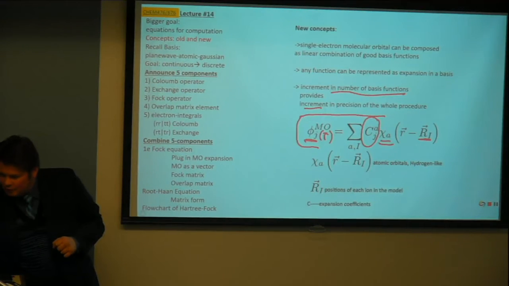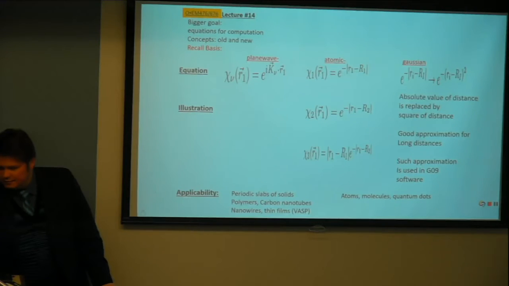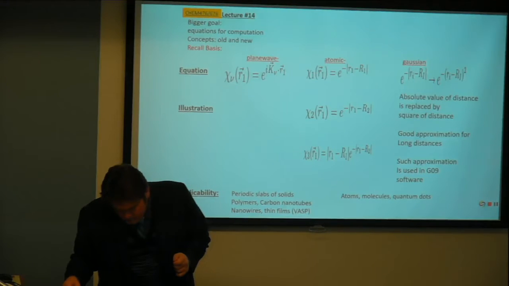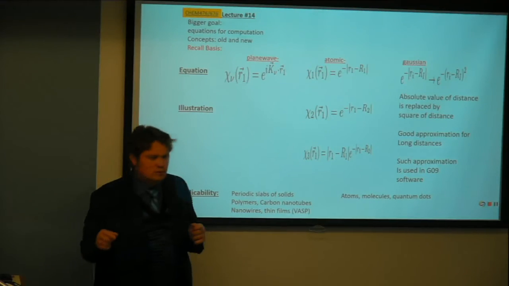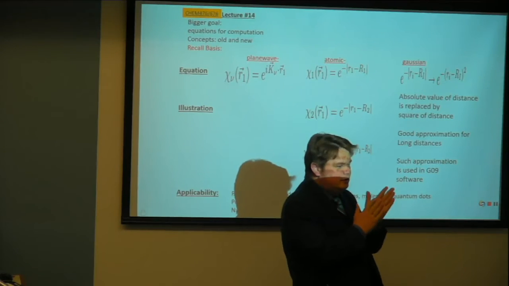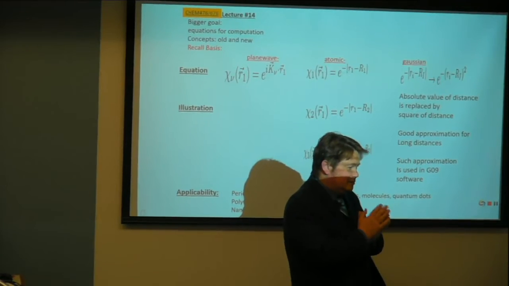So we are going to work on these expansion coefficients. Raju, you originally elected to talk a little bit about basis sets, and then I asked you to do it more.